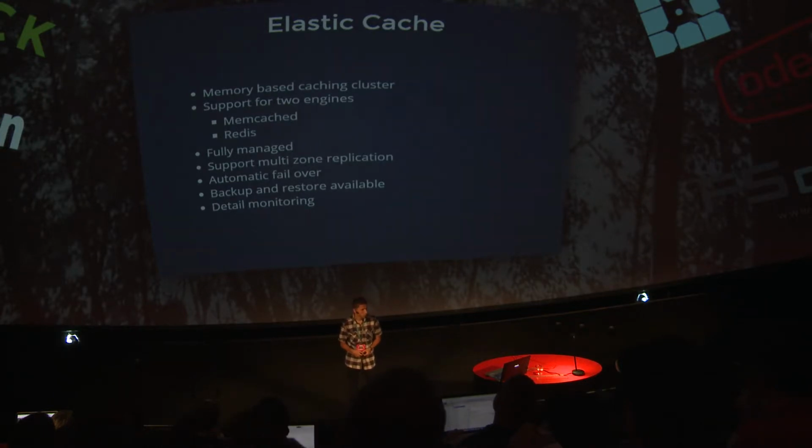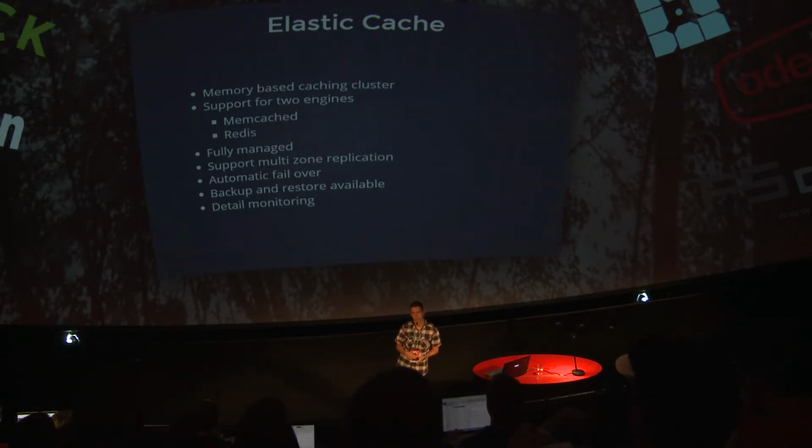The next component that we'll be using is Elastic Cache. Elastic Cache is a memory-based system with support for two engines, Memcached and Redis. It's fully managed. It supports multi-zone replication, and it has automatic failover.